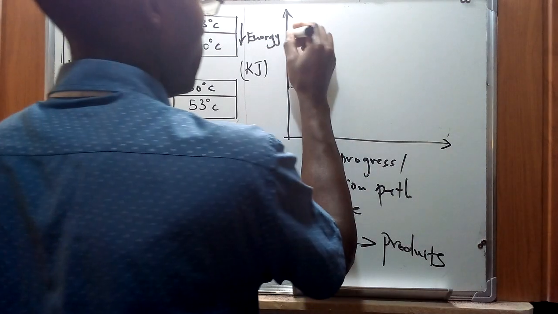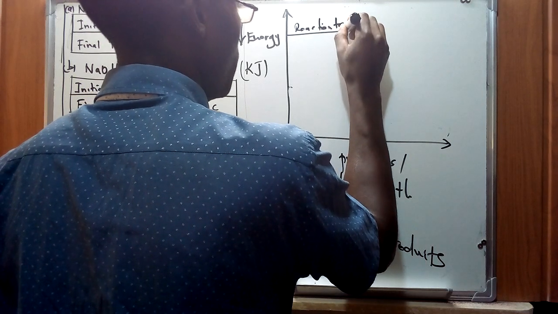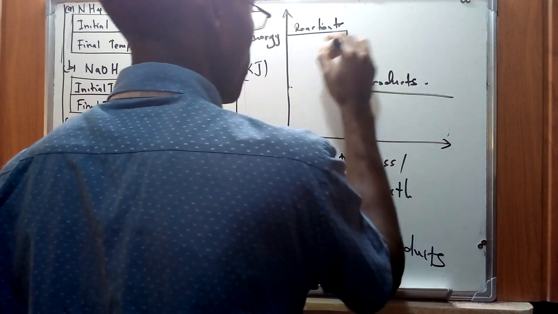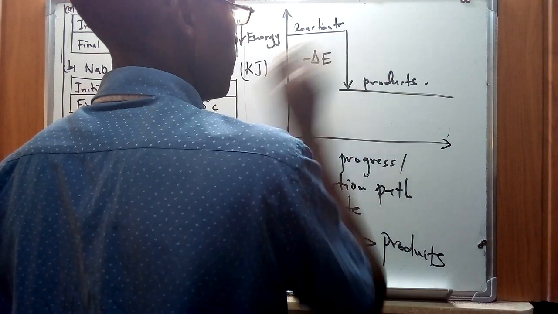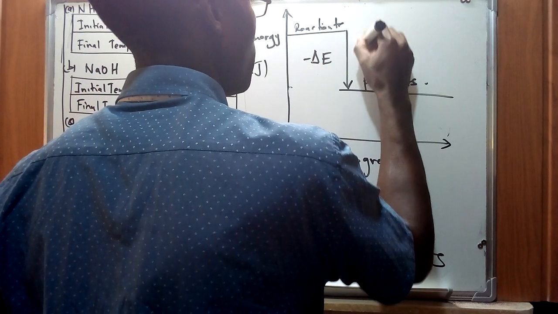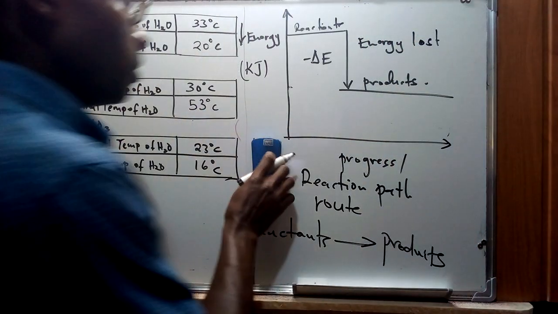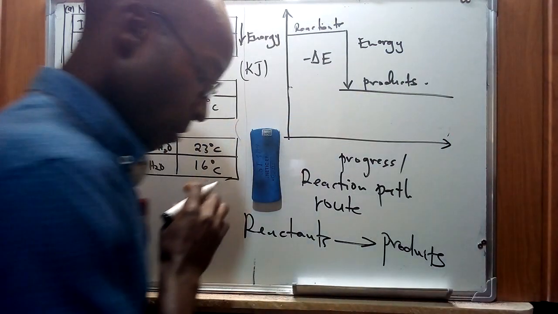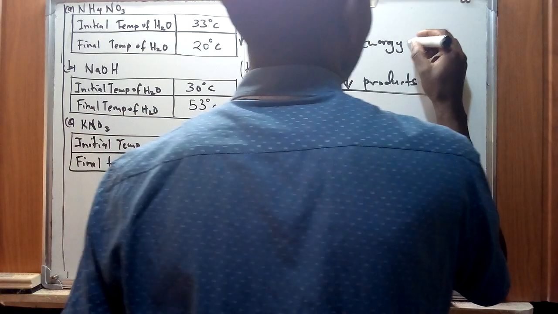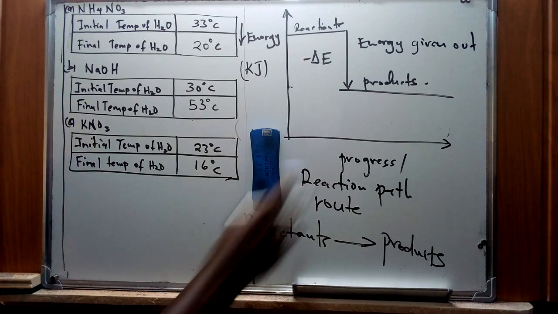So we'll find that the energy for the reactant will be higher than the energy for the product, which implies that the product will have lost energy, so negative delta E. I can call it energy lost, or maybe energy is just converted into another form due to the law of conservation of energy. So this is energy given out. That's an appropriate term for that case. So this is energy given out.